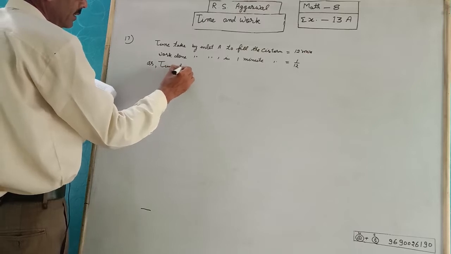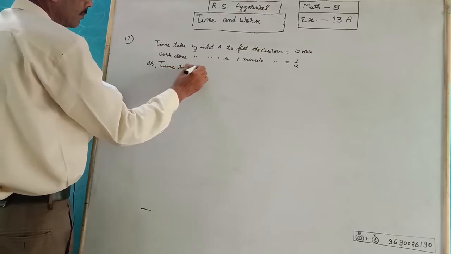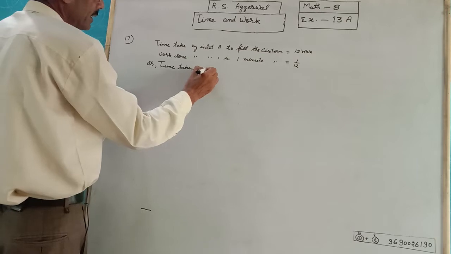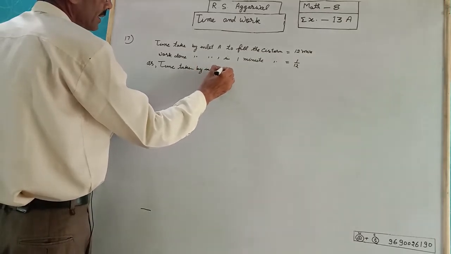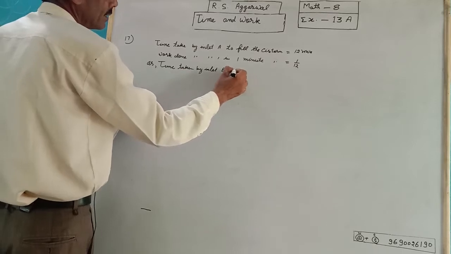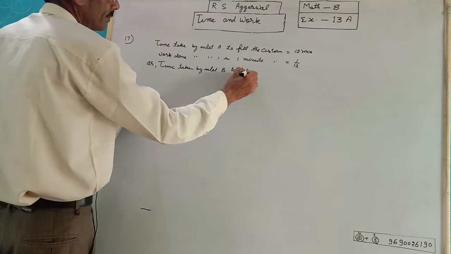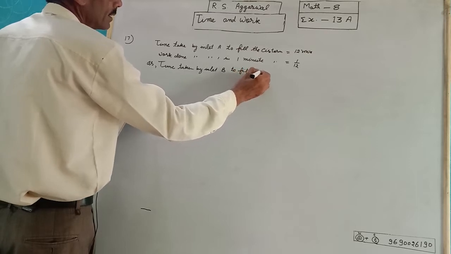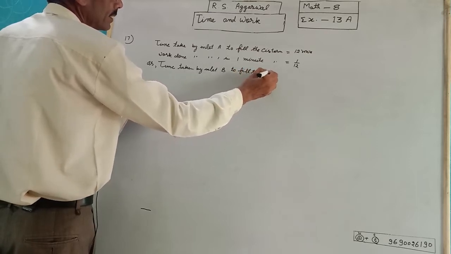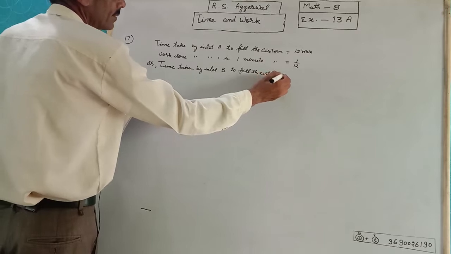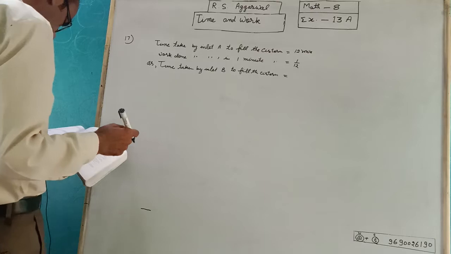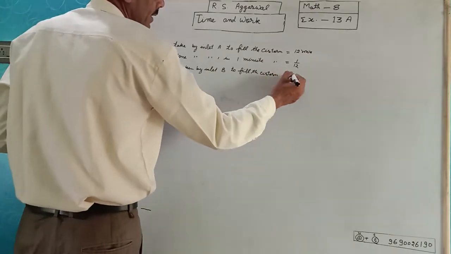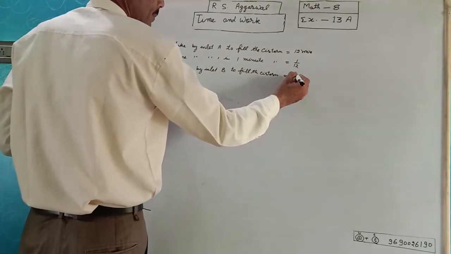The time taken by inlet B to fill the cistern is equal to 15 minutes.